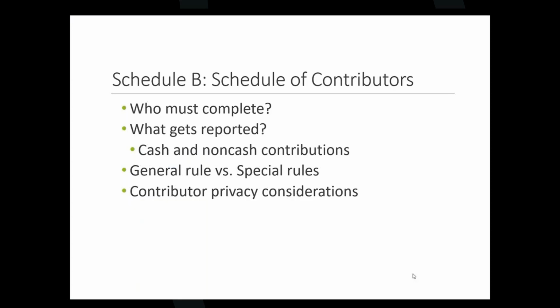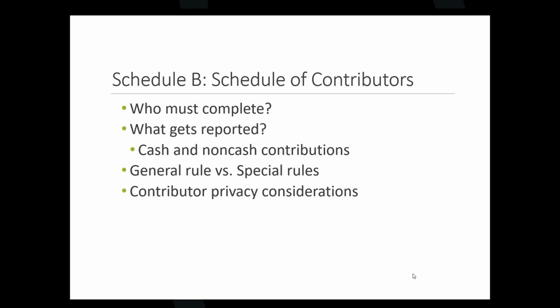Lastly, for contributor privacy considerations, only 501(c)(3) organizations are required to report the names and addresses of their contributors on Schedule B. Other types of organizations aren't required to include it on the Form 990, but they are required to retain records for that information.